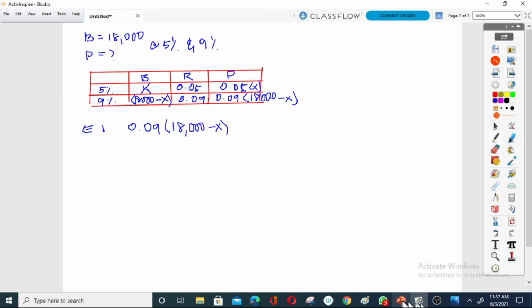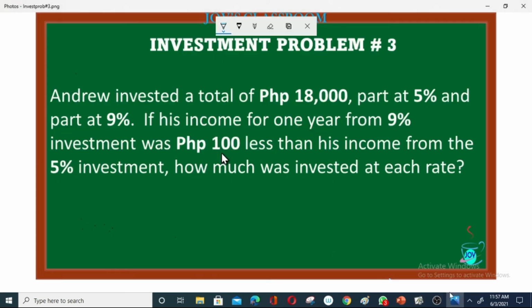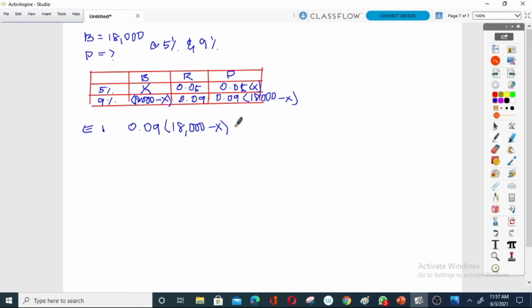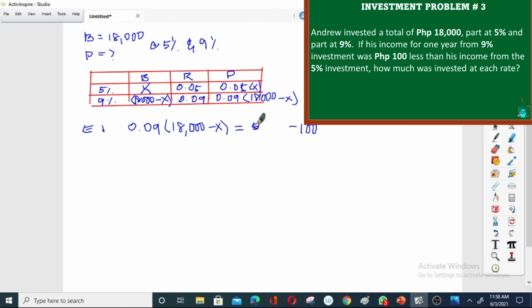It was, as mentioned here, 100 pesos less than his income from 5%. So the income from 5% minus 100 is equal to the income from 9%.